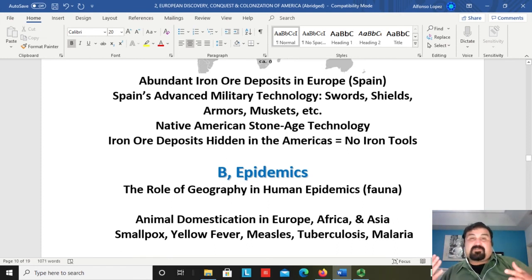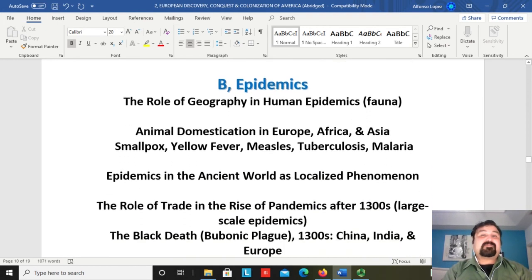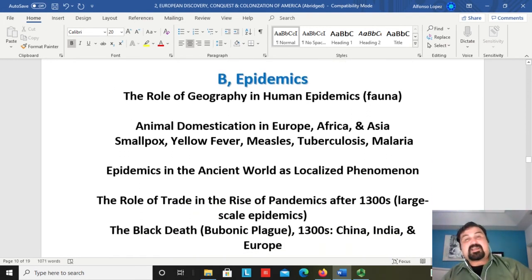So first and foremost, the geography is shaping the kind of technologies that people develop that will enable them to encounter challenges as, for example, the Spanish leave Europe and go to America. They meet the challenge of the Aztecs, but they overcome that challenge because they have a technology that their geography provided the raw materials for, in Europe.